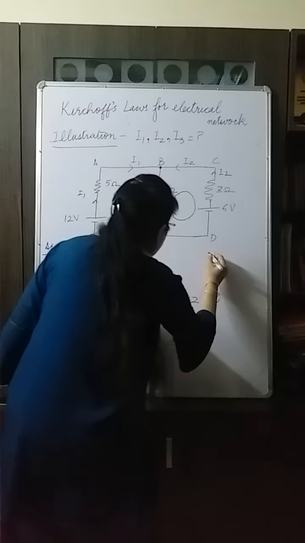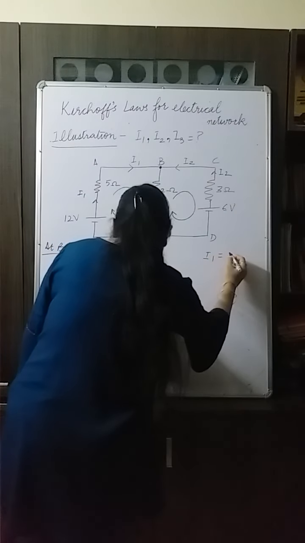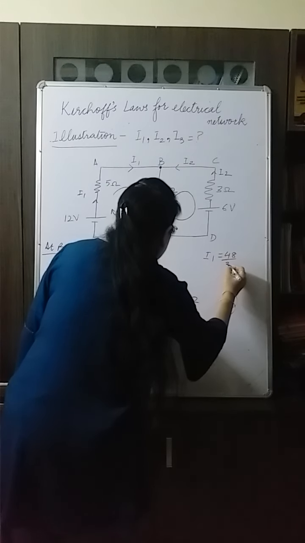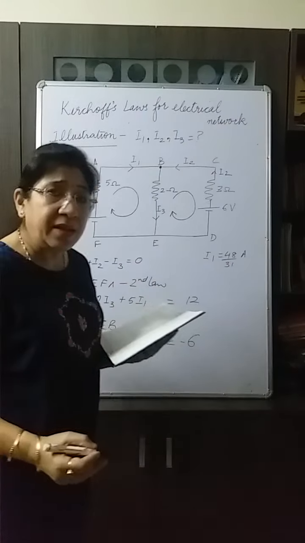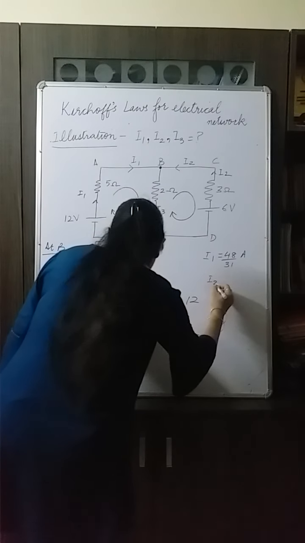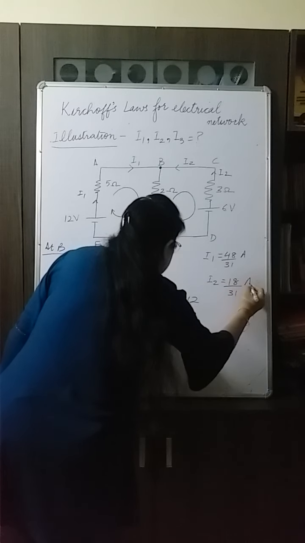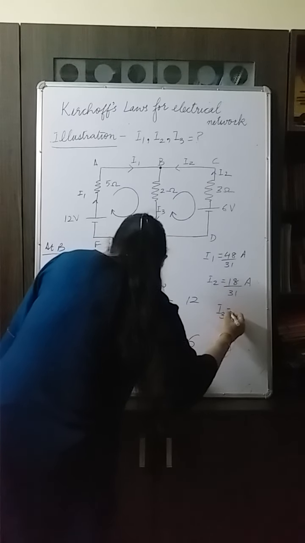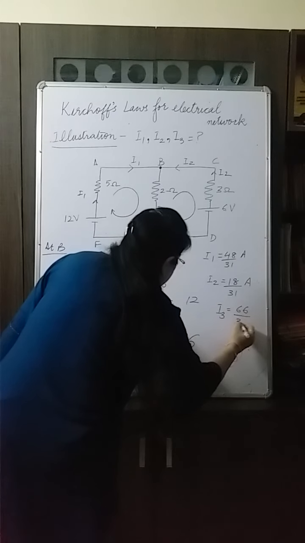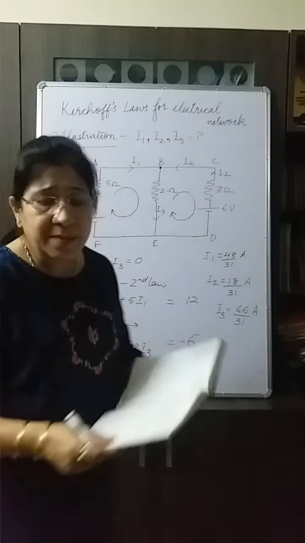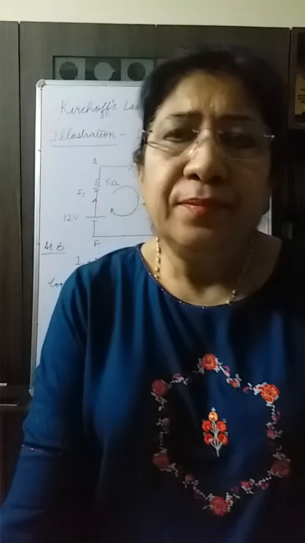I have found the values, and if you solve them you will get I1 equals 48 by 31 amperes, I2 equals 18 by 31 amperes, and I3 equals 66 by 31 amperes. This is how you can find any unknown quantities in an electrical network using Kirchhoff's laws.